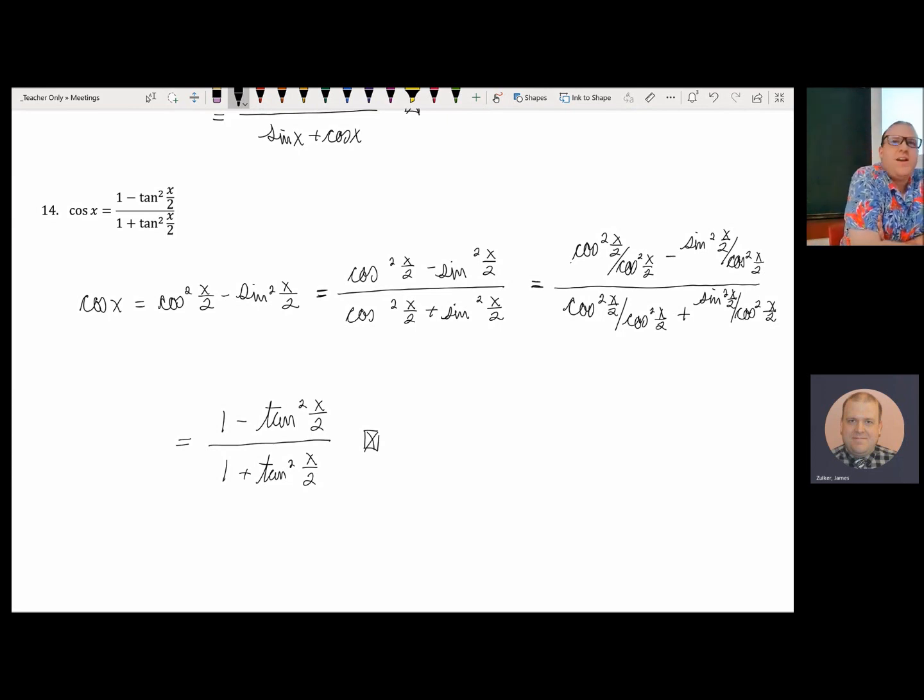Cosine squared over cosine squared is 1. Sine squared over cosine squared is tangent squared. And so we now have the identity. Alternatively, what you could have done is just factored out a cosine squared from numerator and denominator, and you would have gotten the same result.